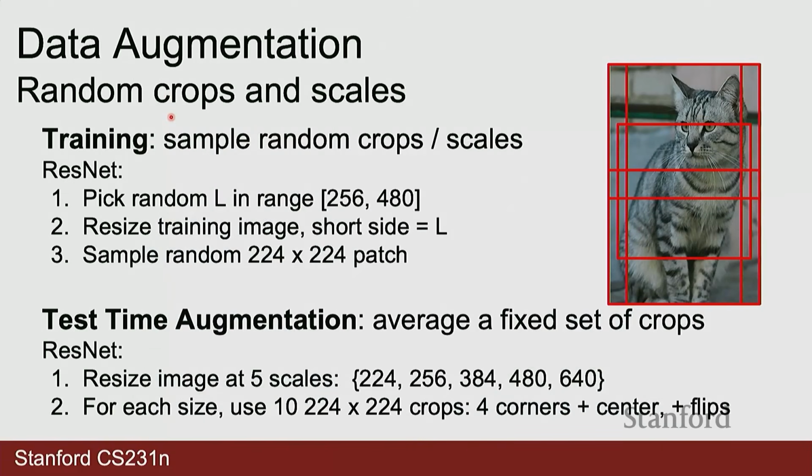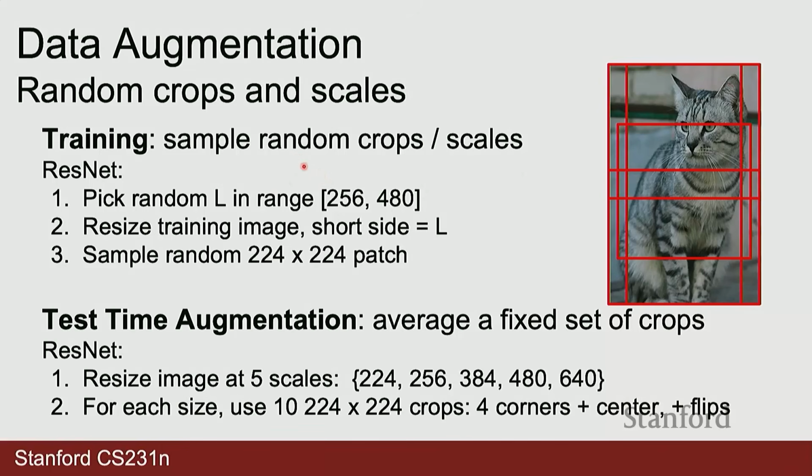Another type of augmentation is this resizing and cropping idea. What ResNets and many different image models in deep learning do is they basically take a random crop of the image and then resize that to be your image size. They might even take another crop afterwards.